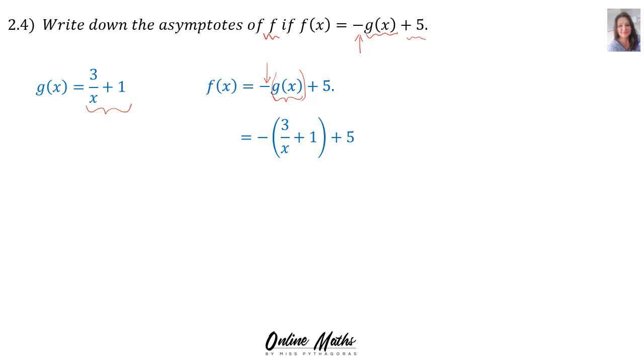And then you multiply in the minus using the distributive property and you get minus 3 over x minus 1 plus 5. And then you say minus 1 plus 5 is 4. Therefore, f of x, the new graph, is minus 3 over x plus 4.